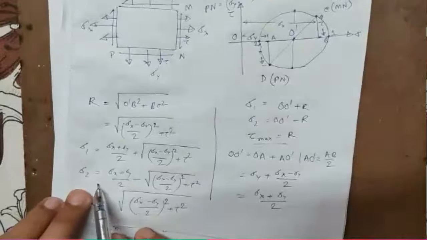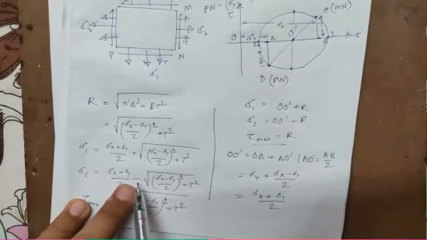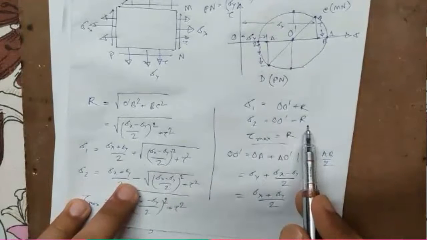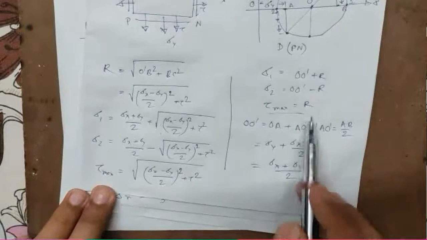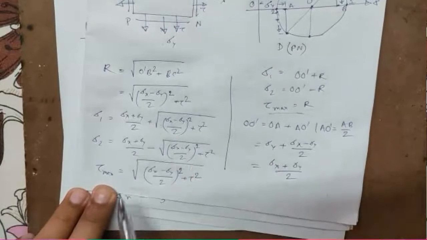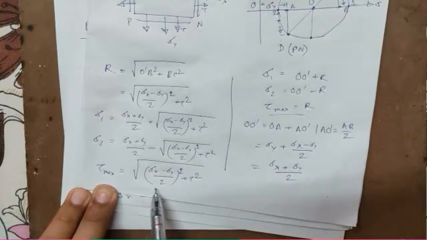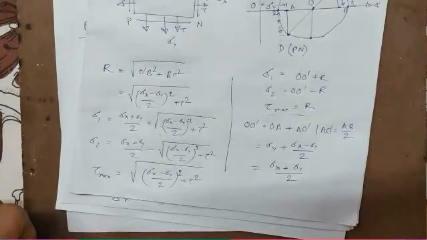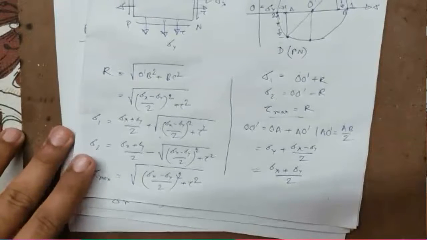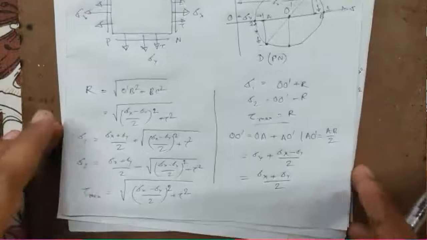And sigma 2 will be equal to just having a minus sign here, O dash minus r. Now tau max will be the radius, which we have found out. So tau max will be equal to root over of sigma x minus sigma y by 2 whole square plus tau square. Is this clear how to find out the principal stresses?